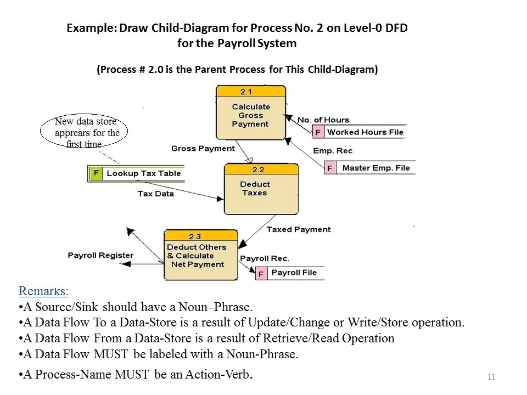On the left side you can see the lookup tax table data store, and this data store appears for the first time. So we can say that level 1 includes more details, more descriptions about the main process, and the process labels must be an action verb, and the data flow must be labeled with a noun phrase.